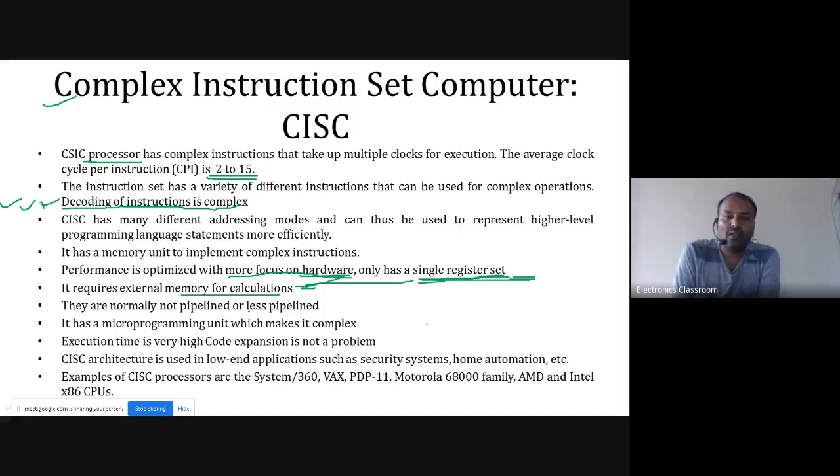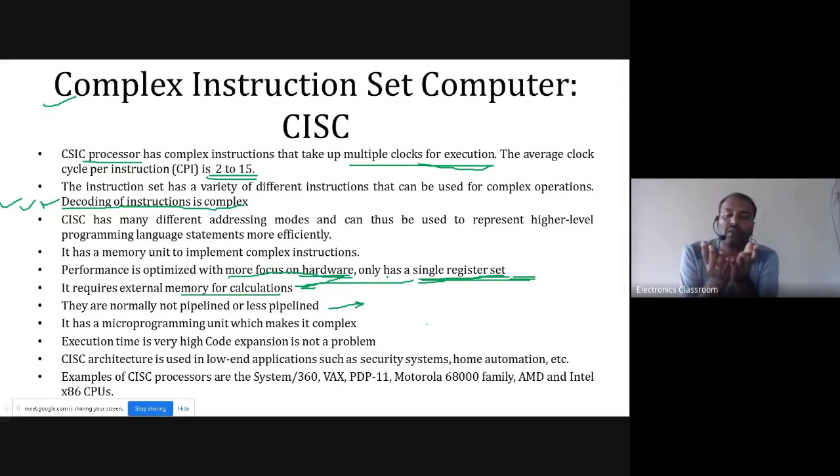They are normally not pipelined or less pipelined. Since instructions are complex, complex means multiple clock cycles, so we cannot use pipelines. Why? Because we do not know which instruction will come at what time. Each program has separate instructions, and those instructions come in separate sequences.